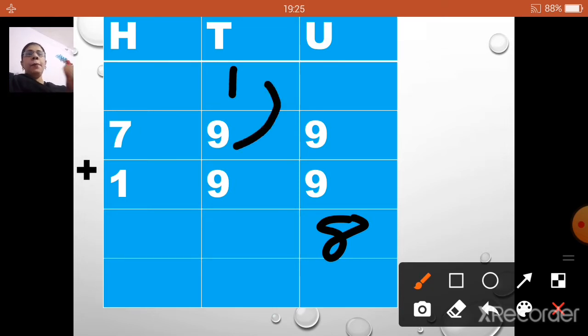Now 9 plus 1 will be 10. To that 10, if I add 9: 11, 12, 13, 14, 15, 16, 17, 18 and 19. Understood? For 19, what am I going to write? 9, and then carry over 1.